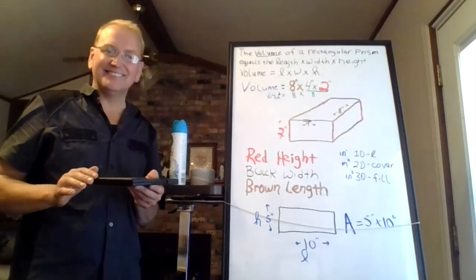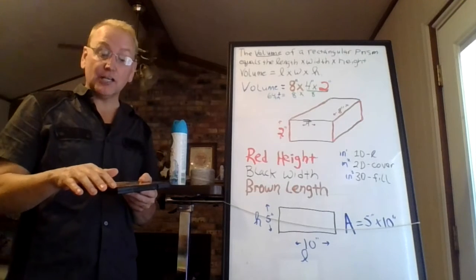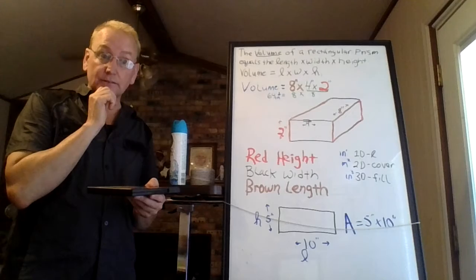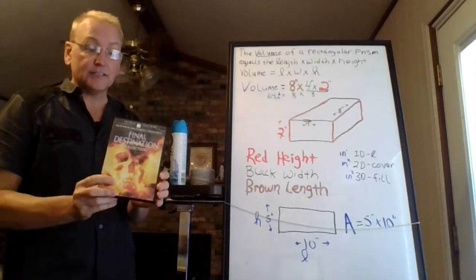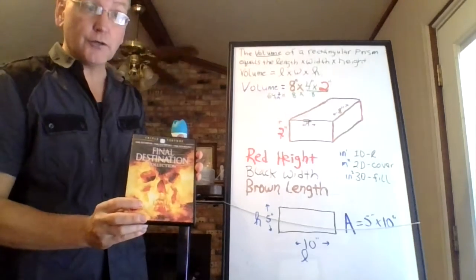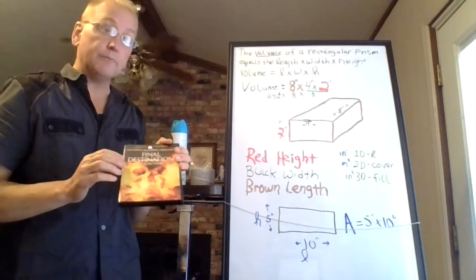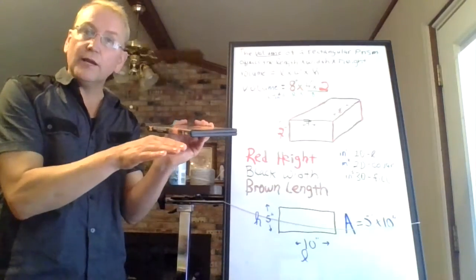Probably not, right? Levi, could I tell you the width and the length and that be enough to fill it? Absolutely not. In fact, this tells you the picture of the movie and it covers the area of just the top. But it doesn't go all the way down.